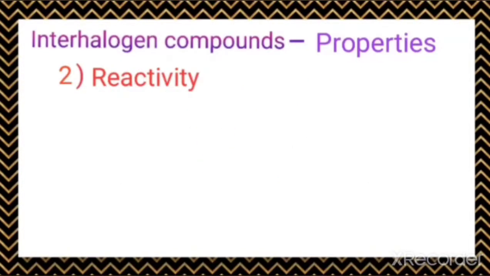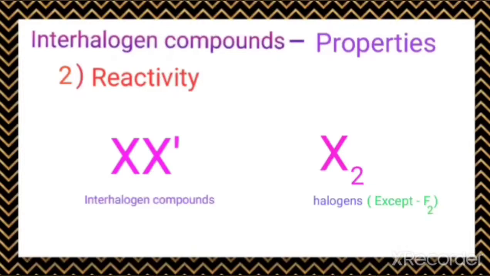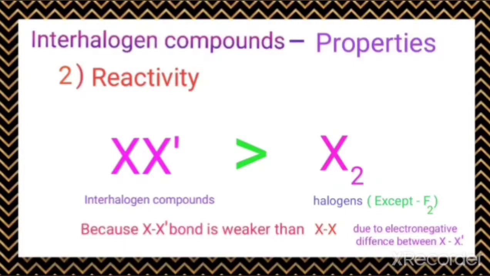Next, reactivity. When we compare the reactivity of XX dash with X2, where XX dash is the interhalogen compound and X2 is a halogen except fluorine, it is observed that the interhalogen compound is more reactive than the halogens. This is because the XX dash bond is weaker than the XX bond, due to the small electronegativity difference between X and X dash.